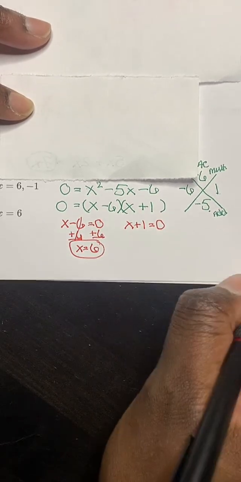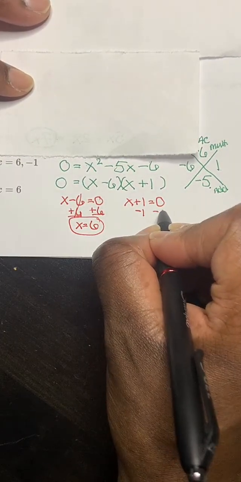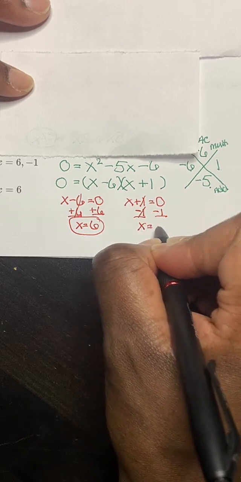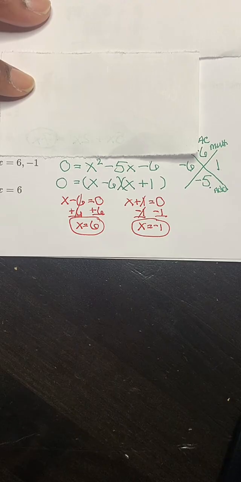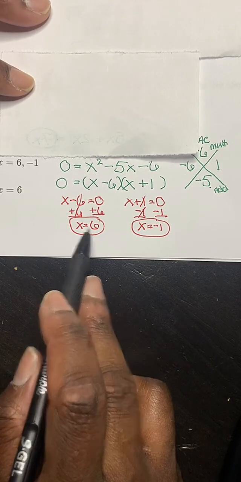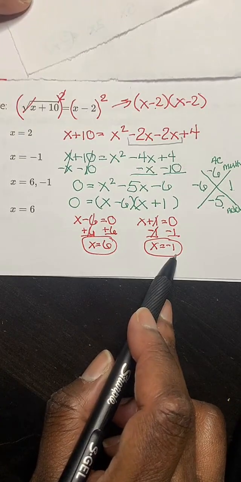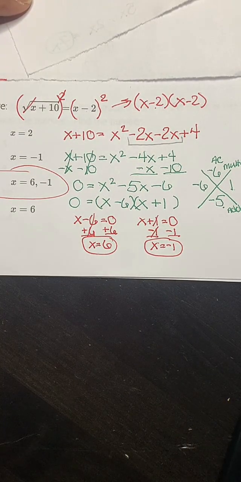So x is going to equal 6 for that one. And this one I'm going to subtract 1. Always do the inverse when you're solving. Okay, so your answer is going to be a positive 6 and a negative 1. And the one that has that is C.